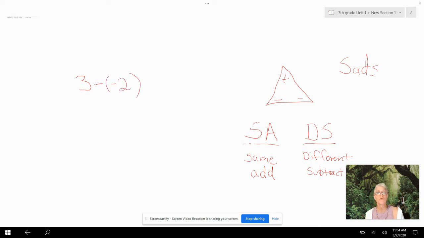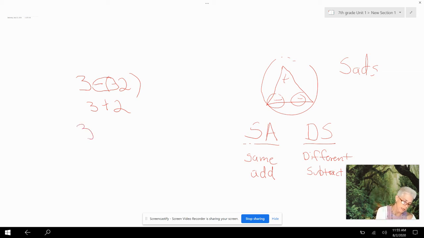You can see I have two signs together in the middle of this problem. This is when I can go back to this triangle method right here. Before I do anything, I'm just going to clean this up and make it easier to read. A negative and a negative make a positive. So this becomes 3 plus 2, and you're back in kindergarten. 3 plus 2 is 5.